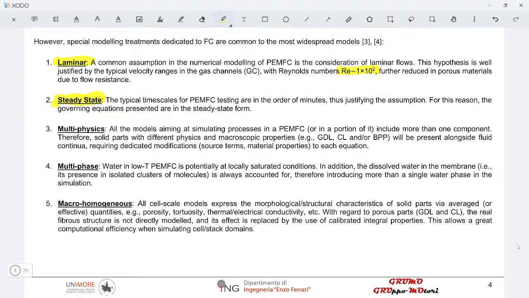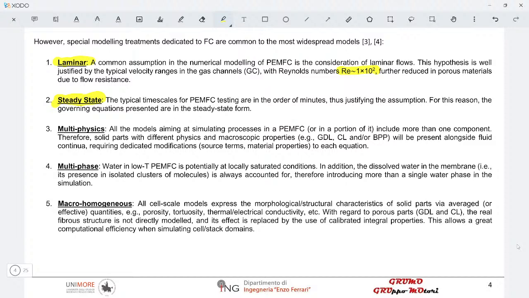So the cold start or the de-icing of this fuel cell is clearly a time-dependent problem of very high interest, and there are dedicated models for that. We will not see this, so the generic framework that we will consider is steady state.